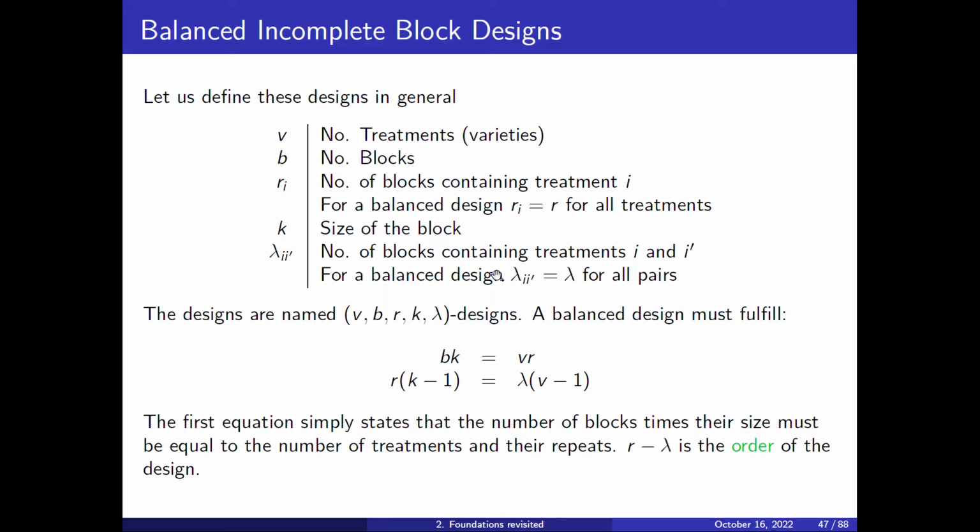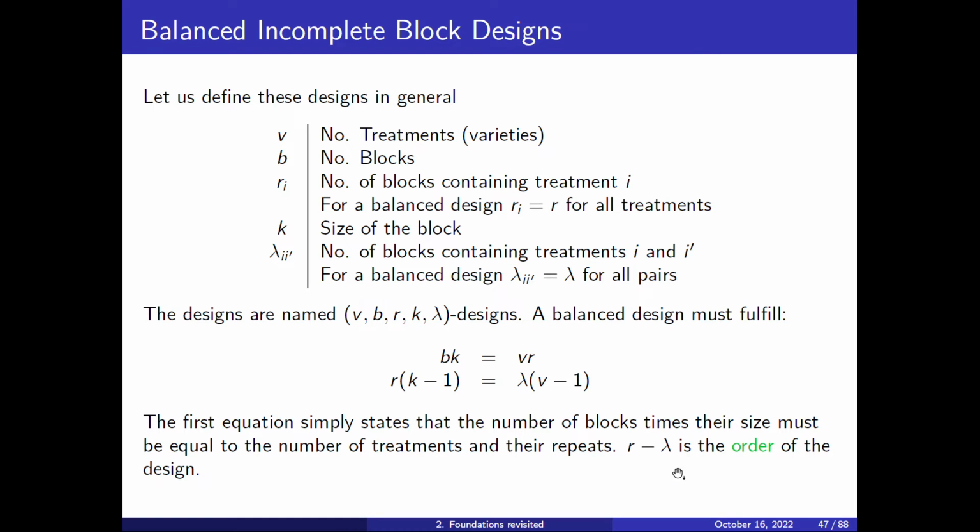So for a balanced design, this number of blocks is constant. So all pairs have the same number of blocks. These designs are called (V, B, R, K, lambda) designs, and a balanced design must fulfill these constraints. So BK must be equal to VR. The first equation simply states that the number of blocks times their size must be equal to the number of treatments times their repeats.